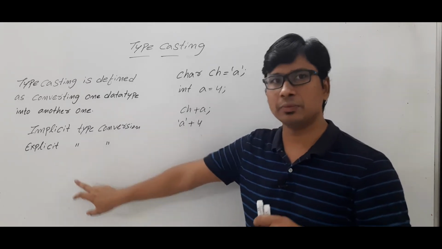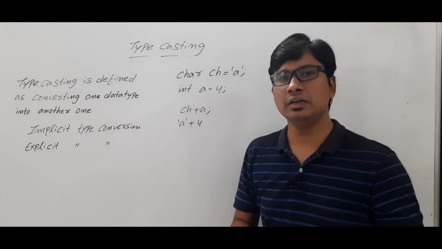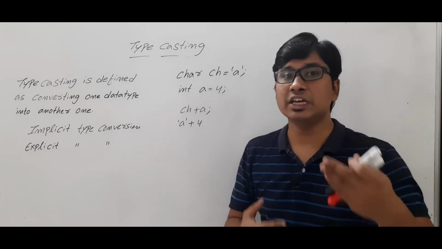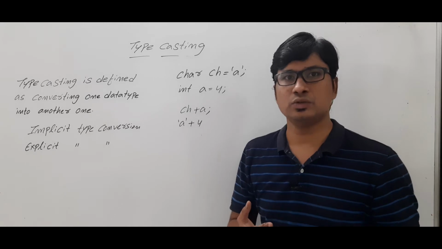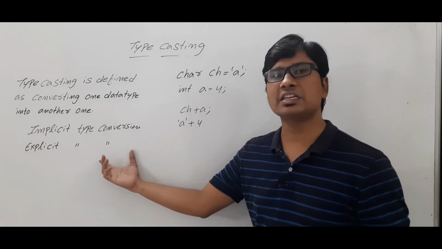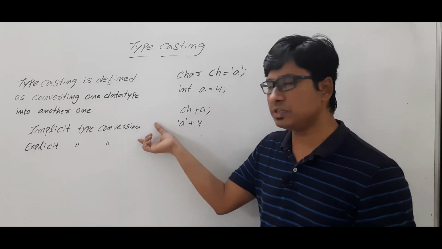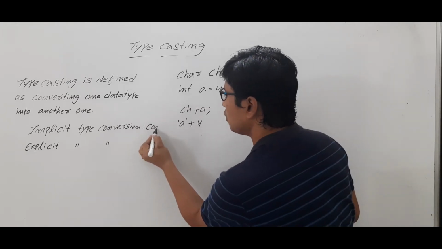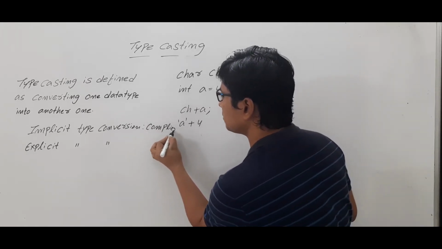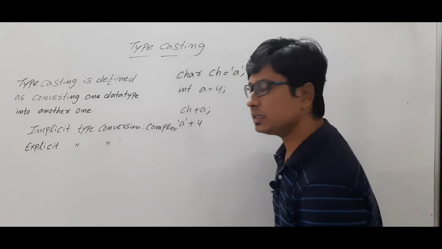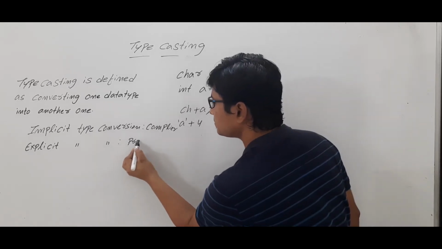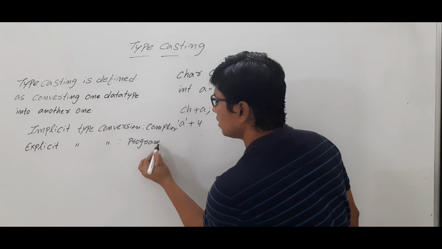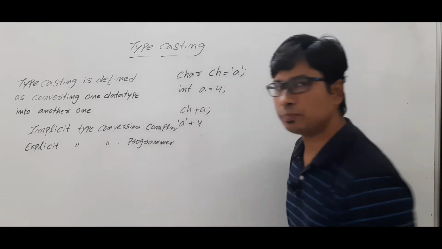Whereas in explicit type conversion, the programmer himself or herself is doing the conversion. That kind of conversion we call an explicit type conversion. So implicit type conversion is done by the compiler, whereas explicit type conversion is done by the programmer. Is it clear? Or the end user who is writing that program.